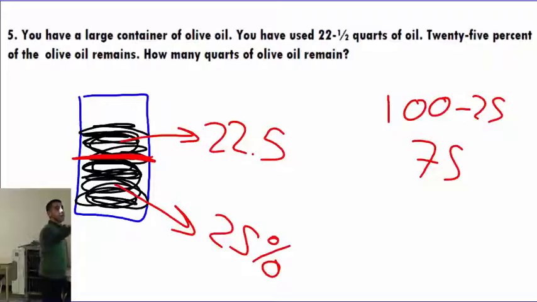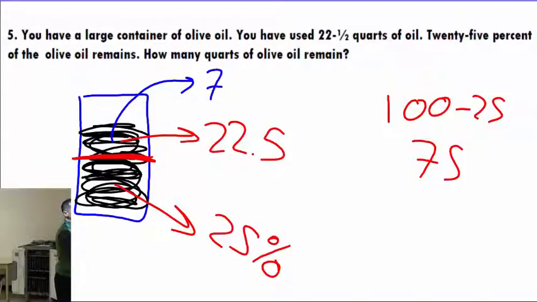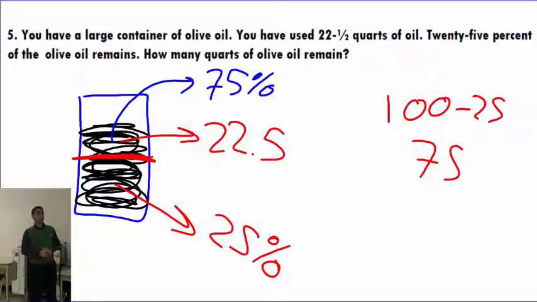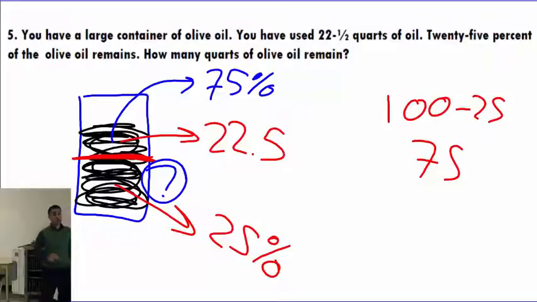This part is actually 75%. So let's read it again. 25% of the olive oil remains. Okay. And how many quarts of olive oil remain? How much? How many? So that's the question I have to find out.